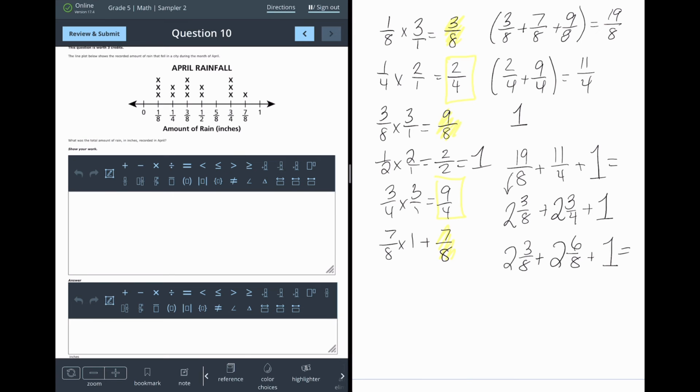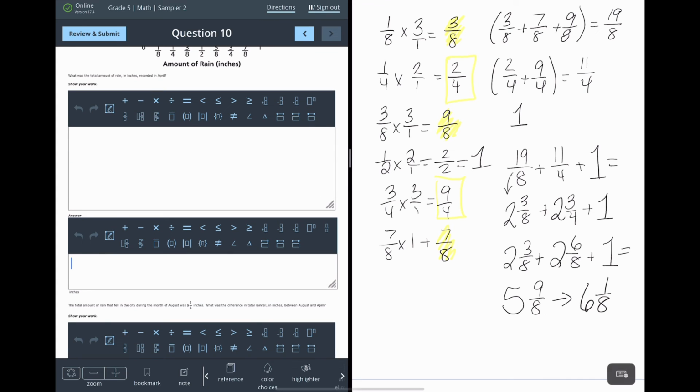So I get 2 plus 2 plus 1 is 5, and 3 plus 6 is 9/8. So getting closer. And now I still have an improper fraction, so I have 6 and 1/8. So all that is for just this first answer.